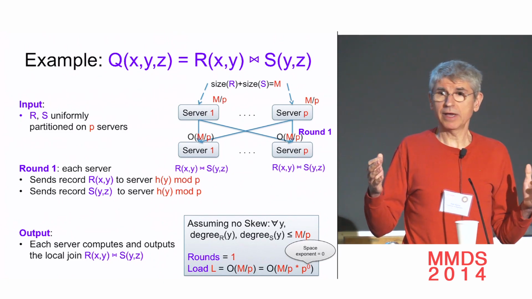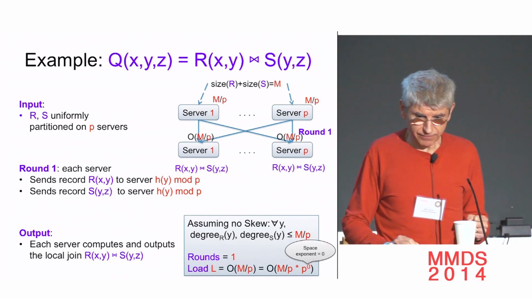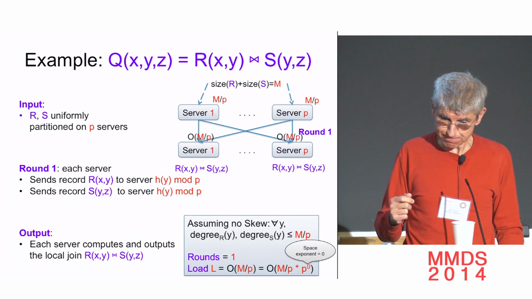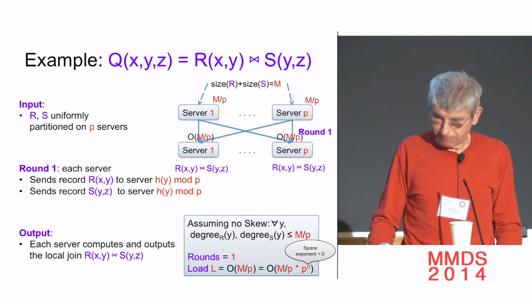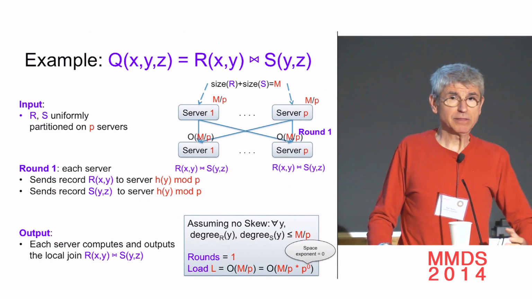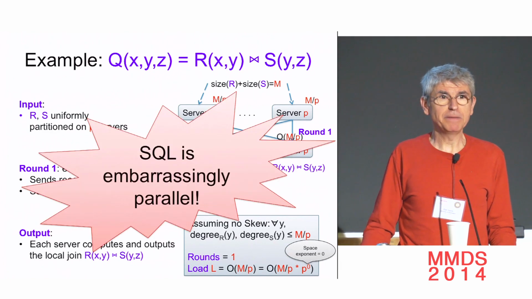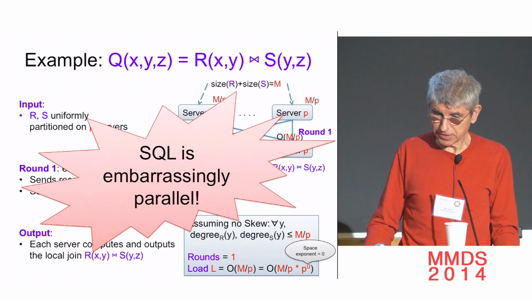So we can only run this algorithm with this load if every y has a degree at most M by P. The space exponent here is 0. Very simple. This is how parallel database engines work today. This is why people say that SQL is embarrassingly parallel, because it's so easy to compute.